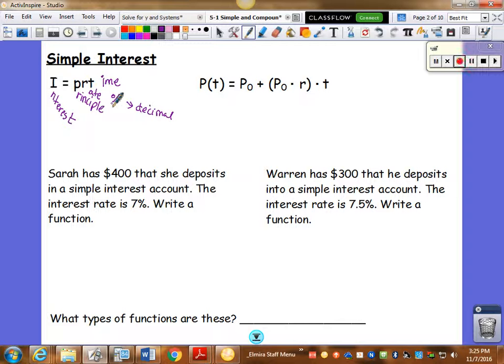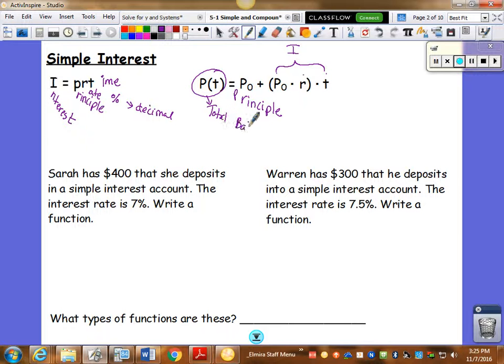But that only gives you the interest. The formula that we're going to use gives us principal plus principal times rate times time. So this is the same thing right here, but it adds on the principal. So what this actually gives us is the total balance.